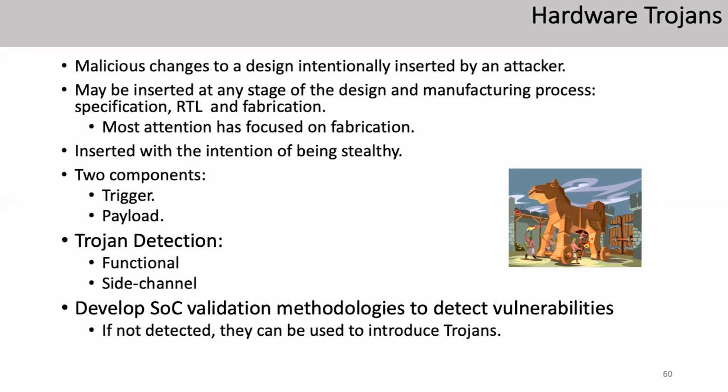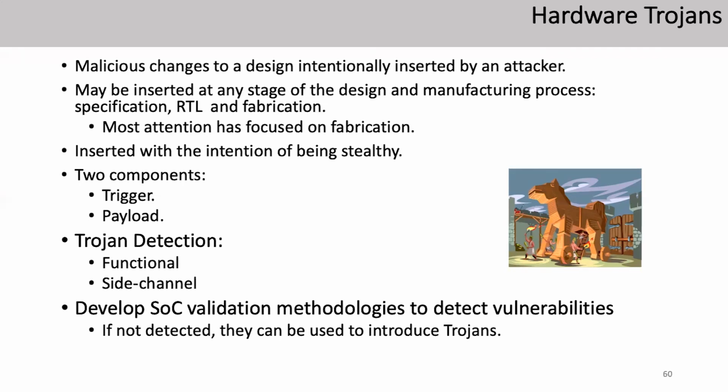Now, there are various Trojan detection methodologies which are functional and side channel based. However, till date, none of them are foolproof for detecting all kinds of Trojans. So what we are doing here, and how this comes up with our collaboration with TII, is we're trying to develop an SOC validation methodology to detect vulnerabilities. So basically, a Trojan can be inserted if your chip has some vulnerabilities which can be exploited to introduce a Trojan, right?